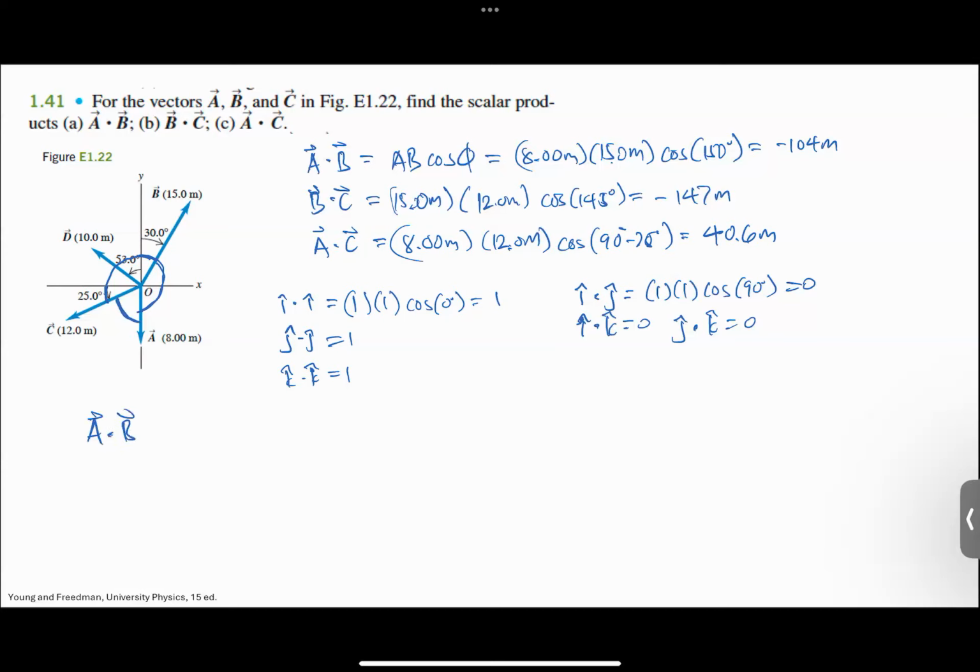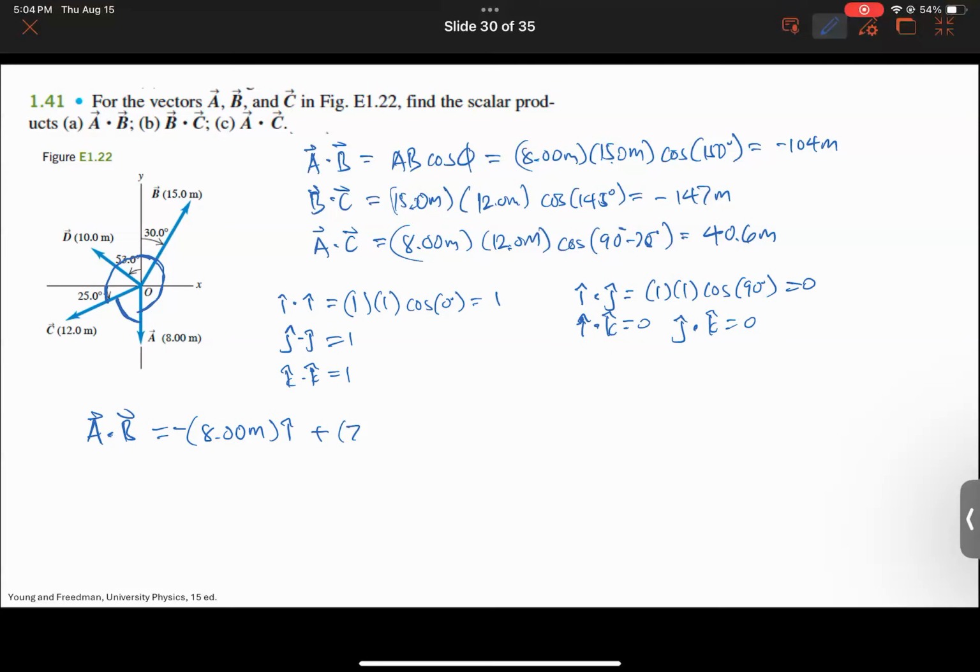A dot B is equal to... So yung A, alam natin from before, negative 8.0 meters I hat dotted to B, which is 7.5 meters I hat plus 13.0 meters J hat.